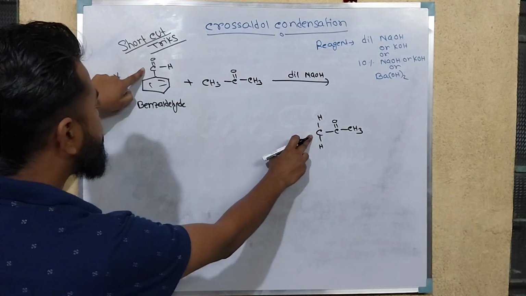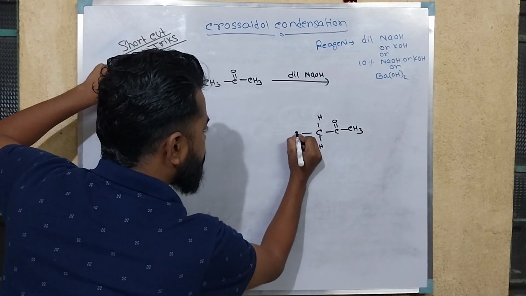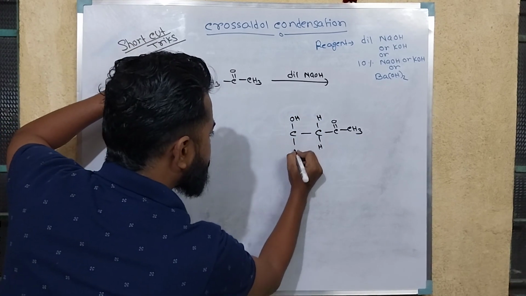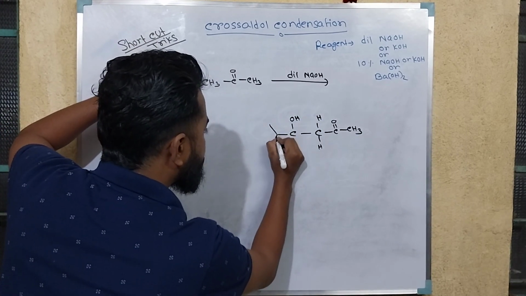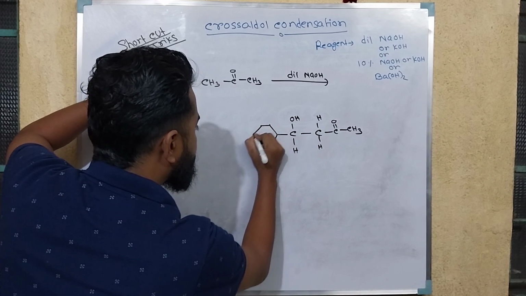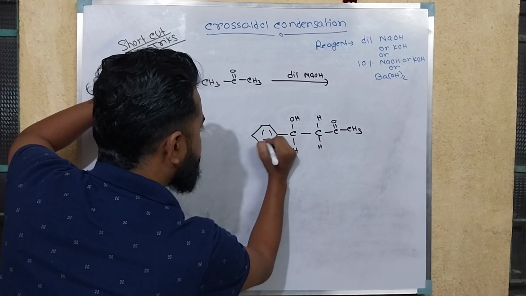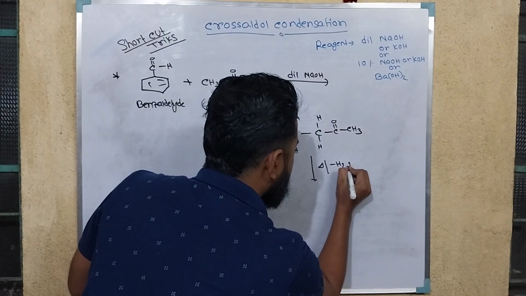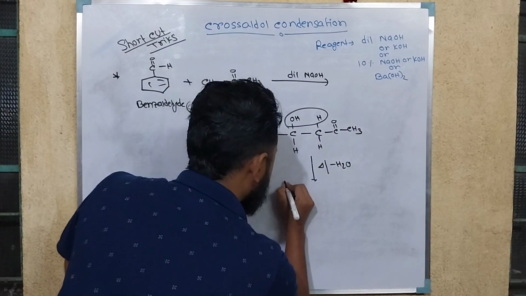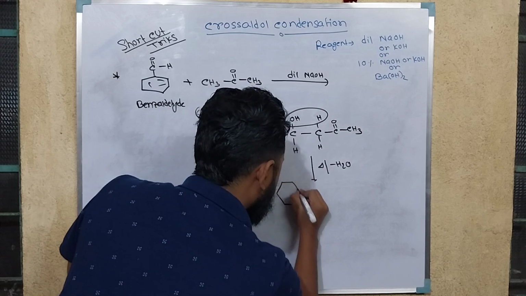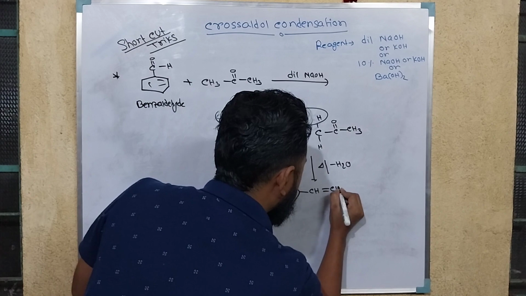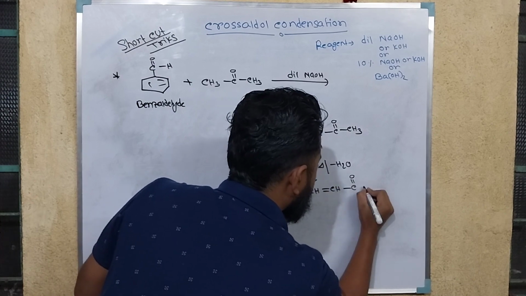This carbon attached with this carbon, double bond O is OH, 1H, 1 phenyl ring. After heating, water is removed. So we get the final product.